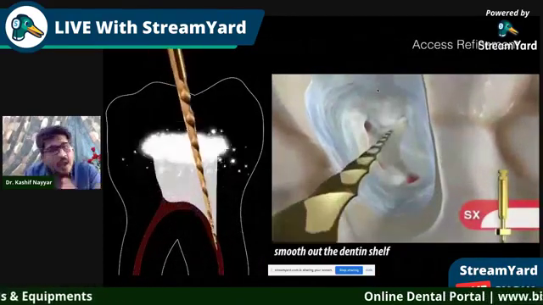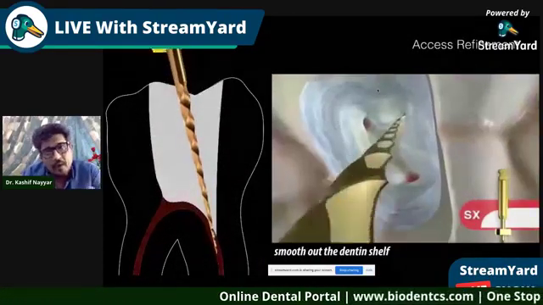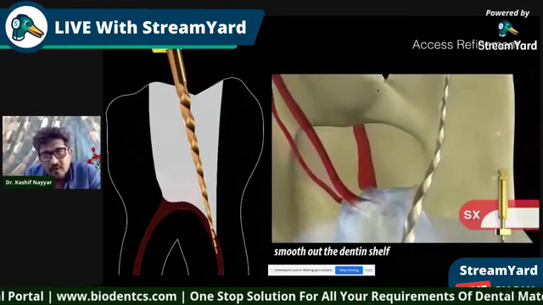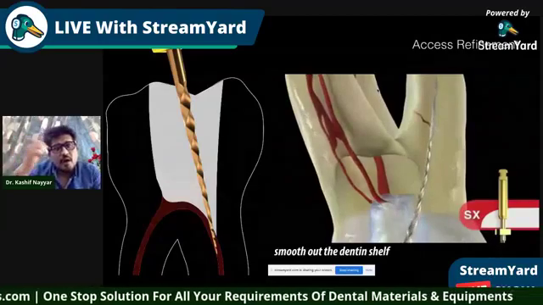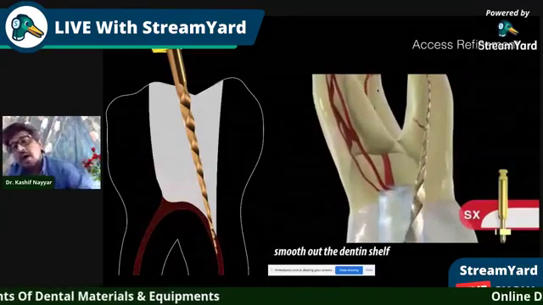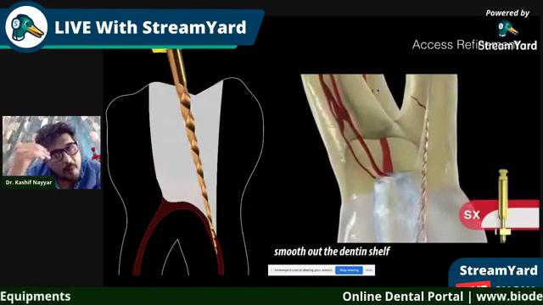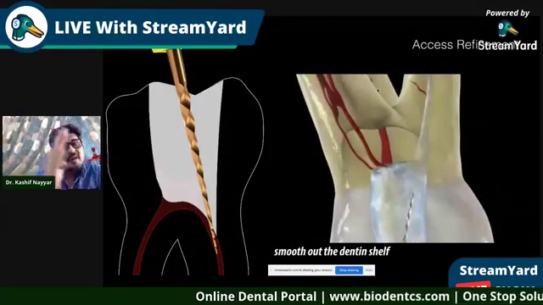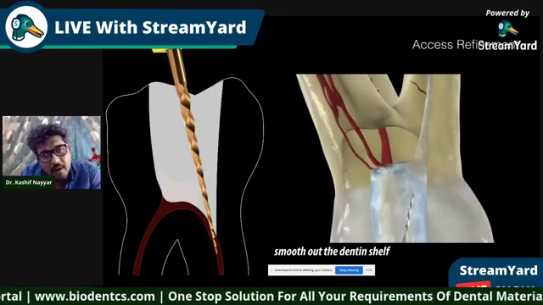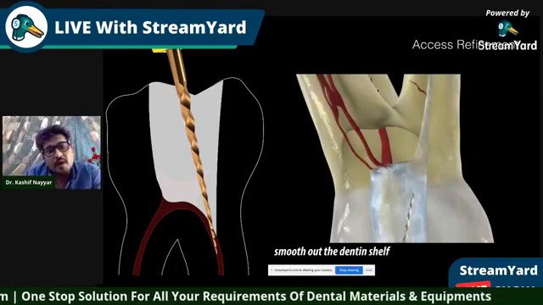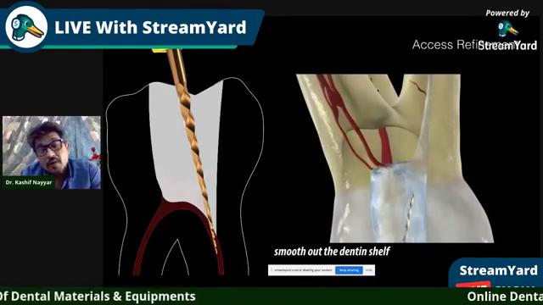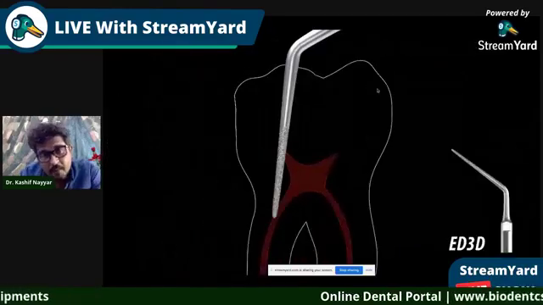We can use any orifice opener from any manufacturer. My favorite is SX. I'm just shaving, smoothing the dentine shelf, applying pressure on the opposing wall, which is away from the furcation. In this way, I can eliminate this dentine triangle and create my straight line access.